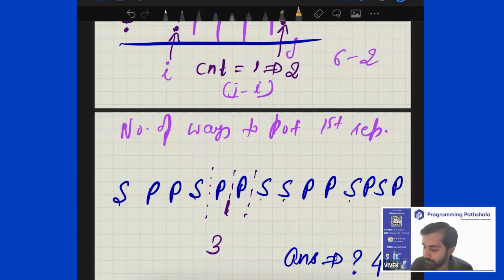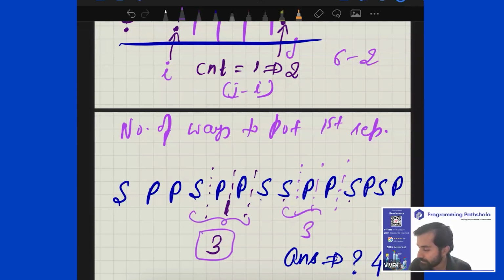So how many different ways do you see to put your next separator? 1, 2, and 3. So I can say there are 3 ways of putting my first separator and 3 ways of putting my second separator. And after that, I'm basically done, because this is just the last chunk of 2 seats, and after that there are no further seats. So my total answer will be 3 multiplied by 3, which is equal to 9.